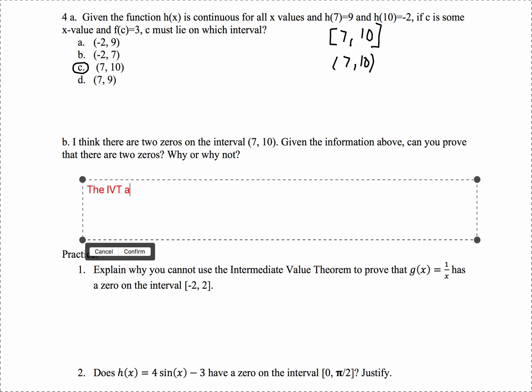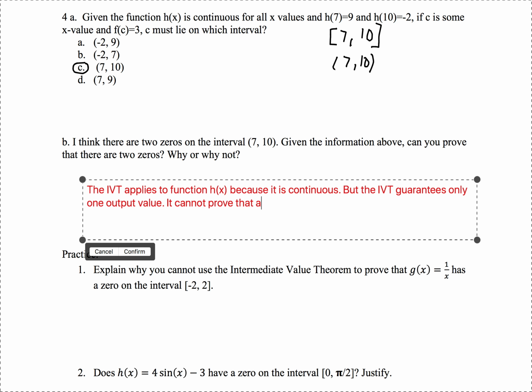The IVT applies to function h of x because it is continuous, but the IVT cannot prove that a specific output occurs more than once.